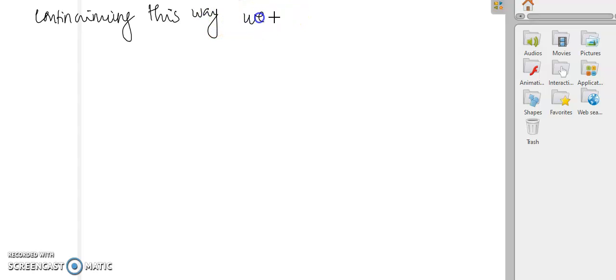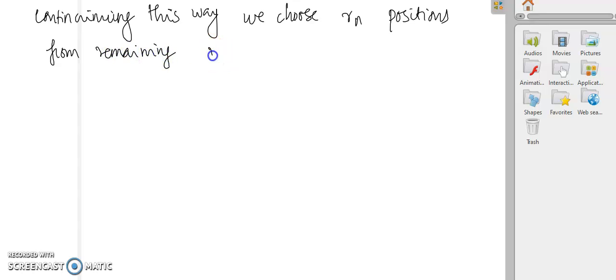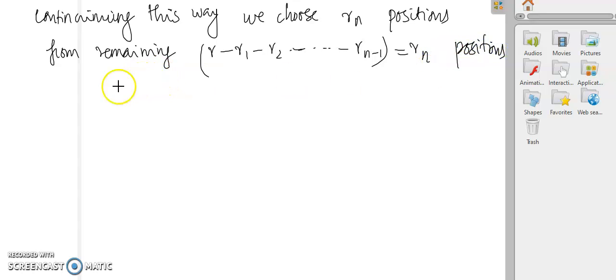we choose, so let us see for the last one. So we choose Rn positions from the remaining R minus R1 minus R2 etc. Rn minus 1 positions. So that is equal to Rn positions, and place Rn identical objects.